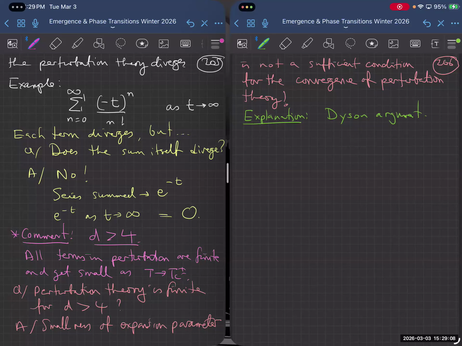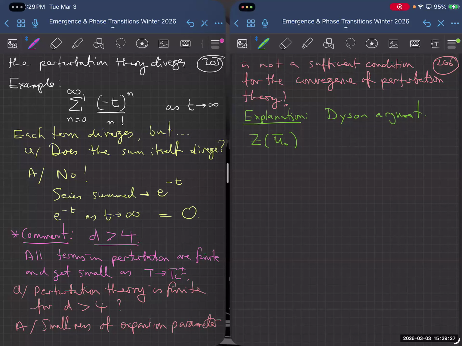So Dyson's argument says, I've got the partition function as a function of my rescaled interaction parameter u naught bar. So I have this sole parameter that tells me the strength of the interactions between the fluctuations that we neglected in mean field theory.